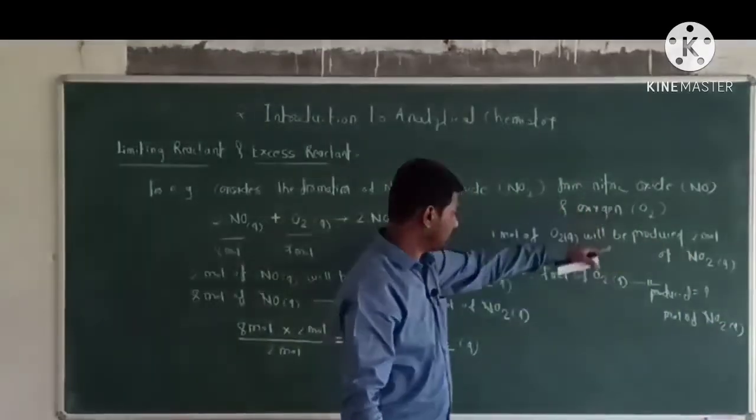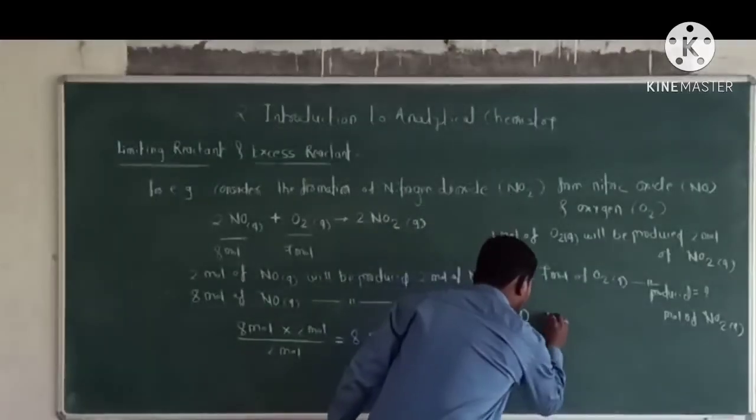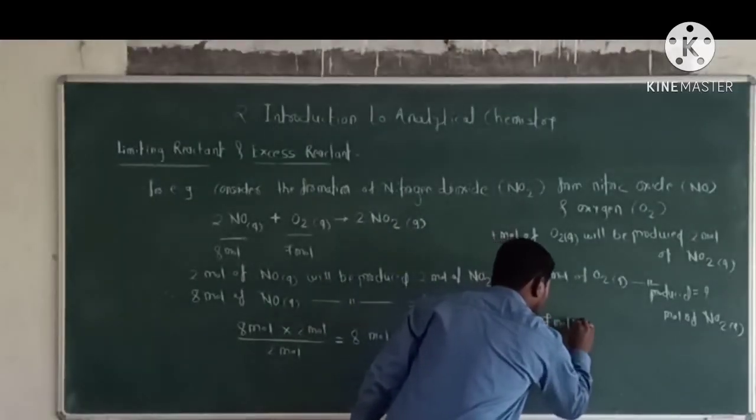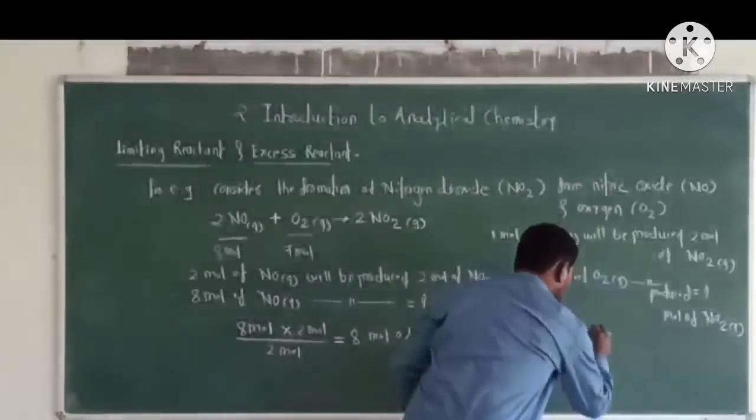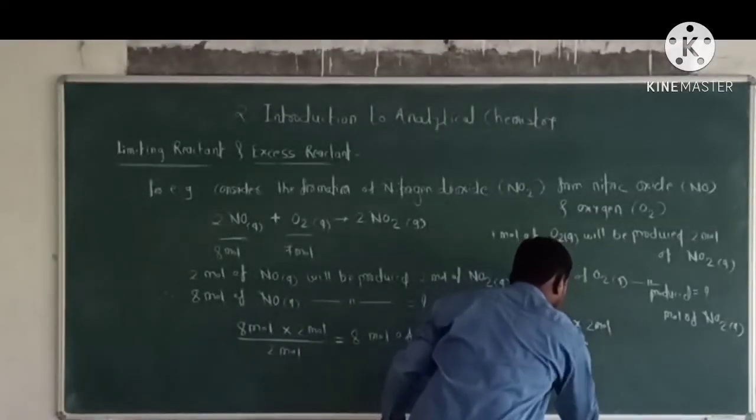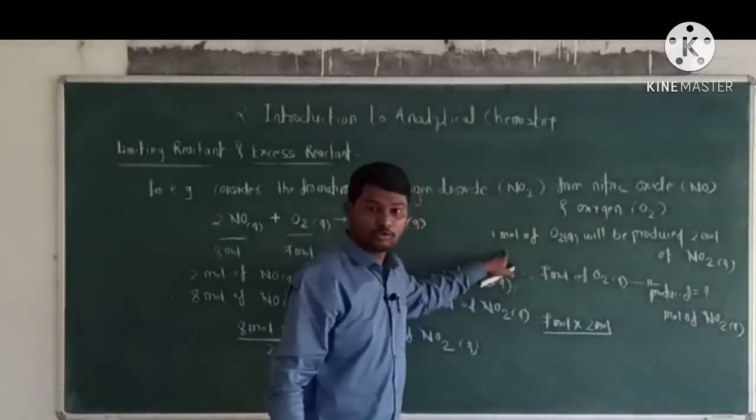Okay, cross multiplication, that is 7 moles into 2 moles divided by 1 mole.